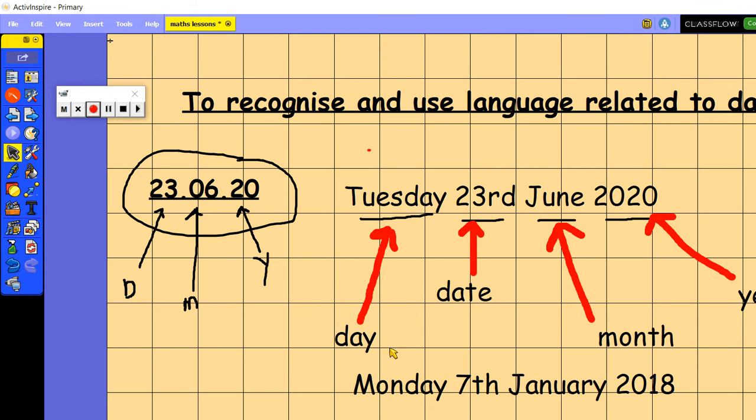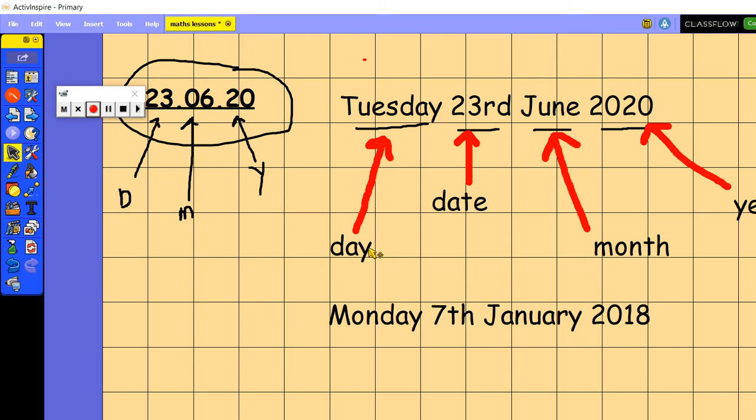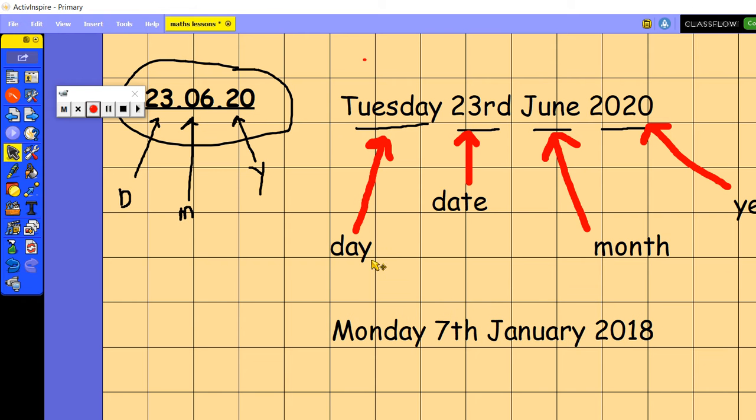But this date would look a little bit different than the previous date, because if we were writing this as the short date, it would be 7/01/18, because if we look here, it is day number 7, it's month number 1, and the year was 2018, because this here shows me the day that it's taken place.